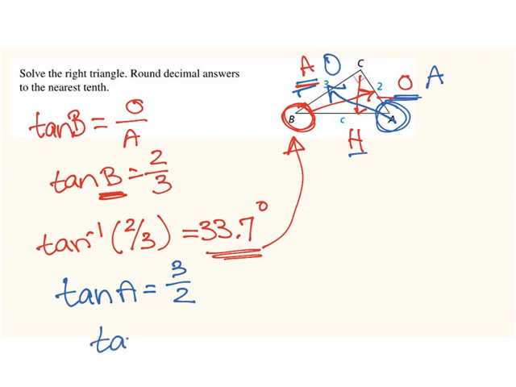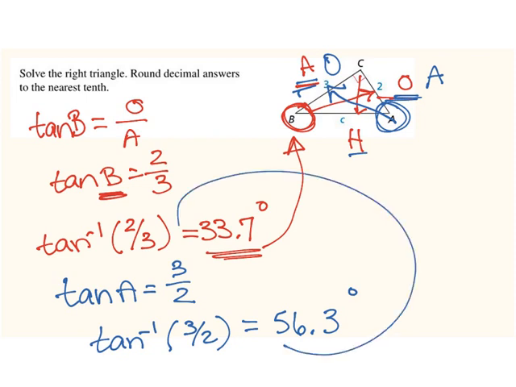So in your calculator, you're going to do second tangent, and then that fraction goes in your parentheses, and you're going to get 56.3. Now, you won't always be asked to find both, but if you do, those two things better add up to 90, right? So be careful with your rounding to make sure that they do. Okay, they do.